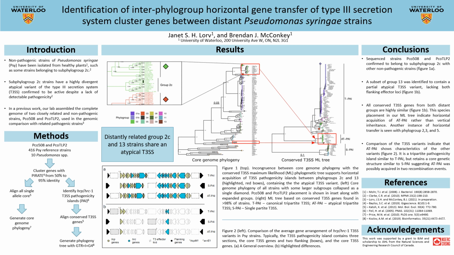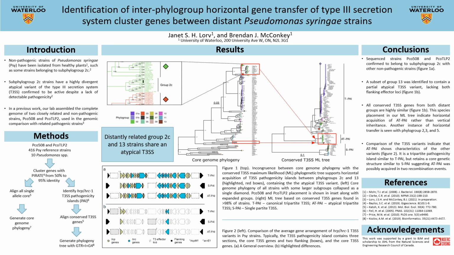From this tree, we can confirm that our two sequenced strains belong to group 2C, as shown in the inset and highlighted in black, and also that this subgroup is larger than previously reported, where it now contains the strains that previously belonged to Pseudomonas fluorescens.